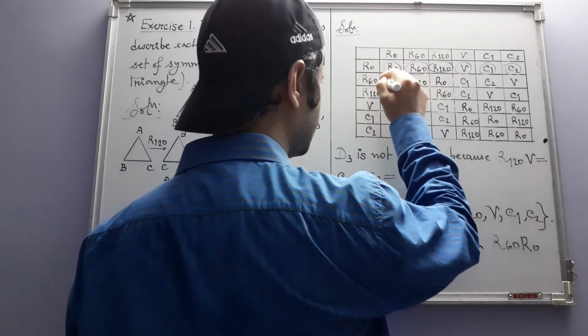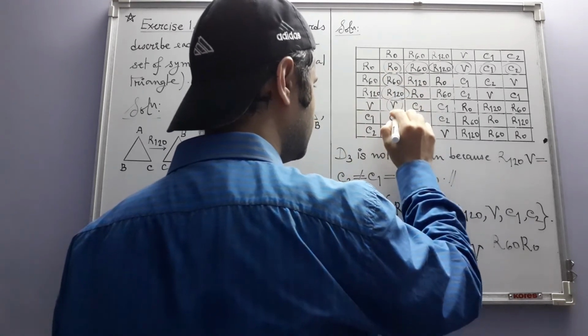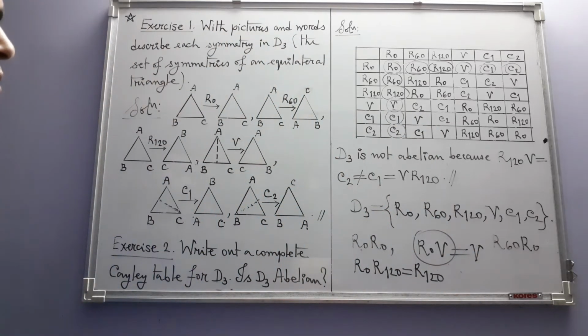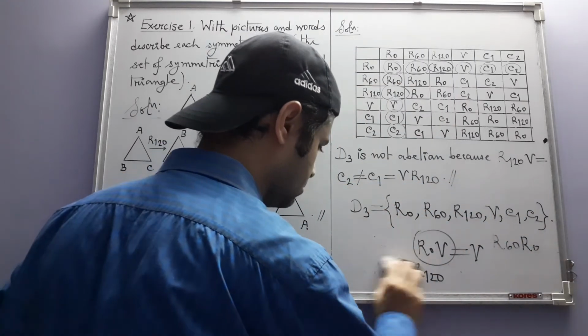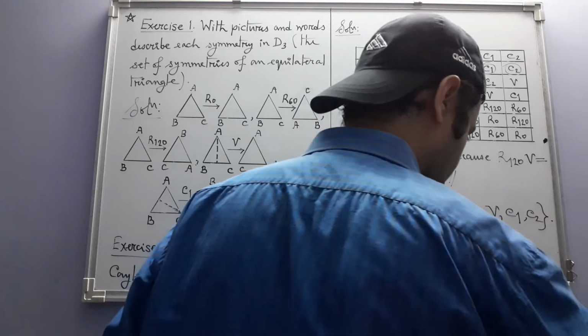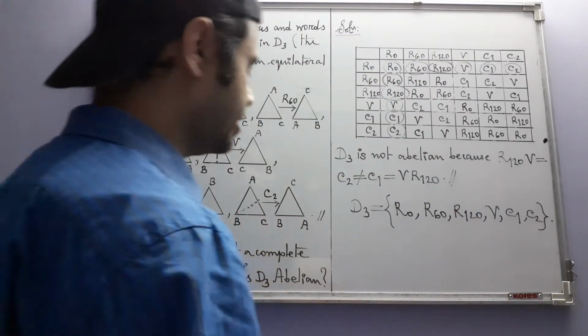So here also we have R60, R120, V, C1 and C2. Okay, so these are trivial. Any composition with R naught is trivial. I don't want to wipe this part off, we will need this.